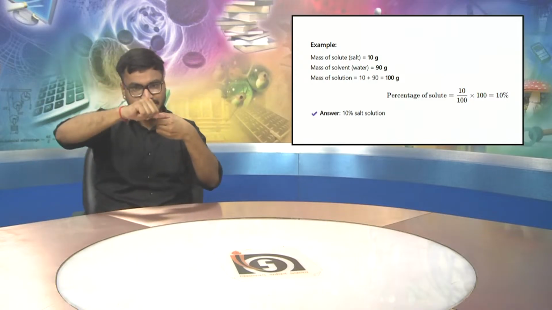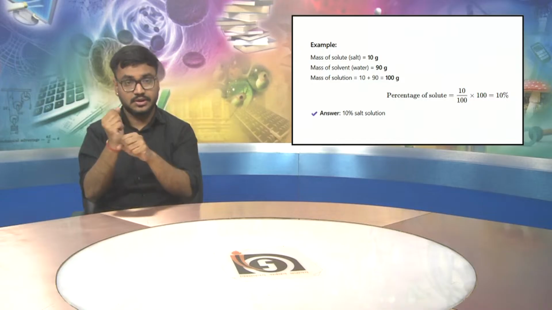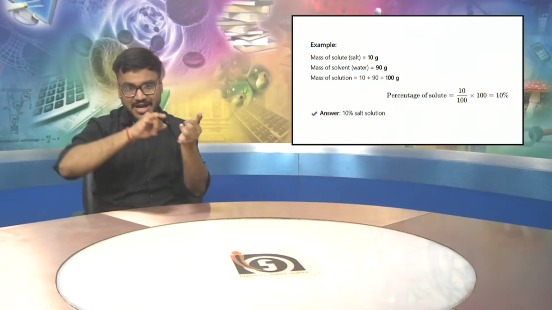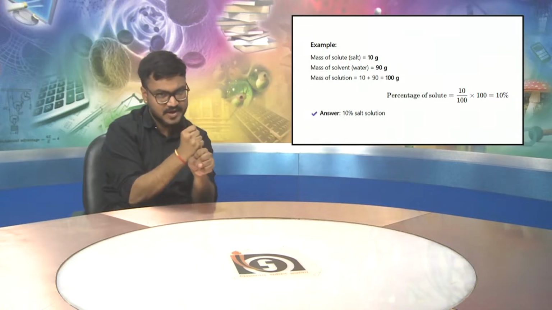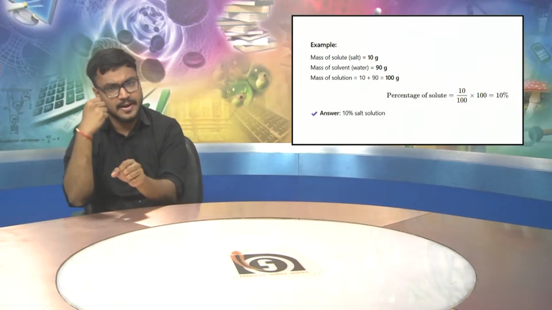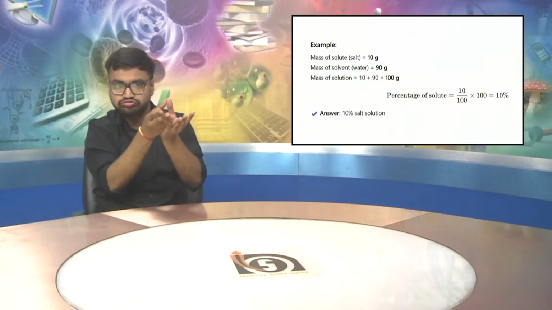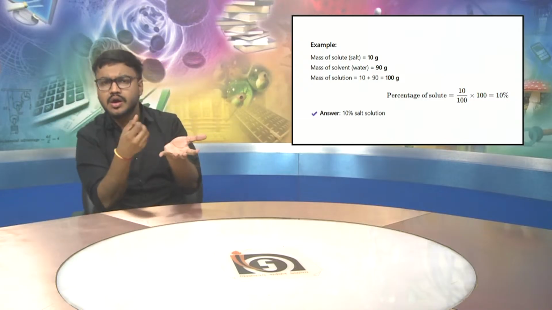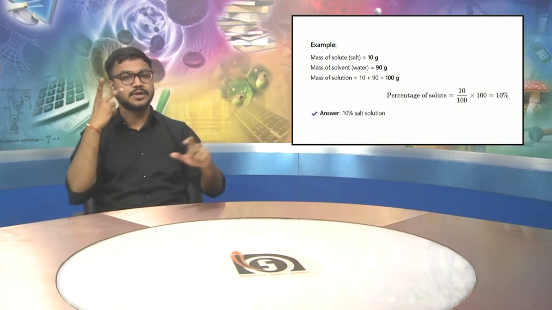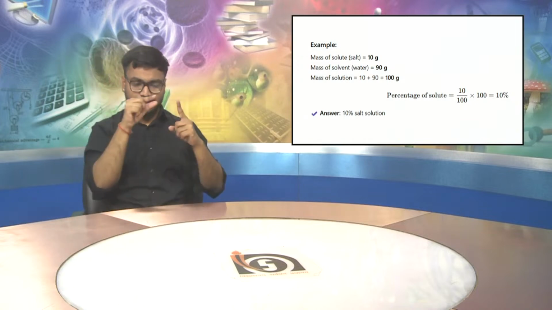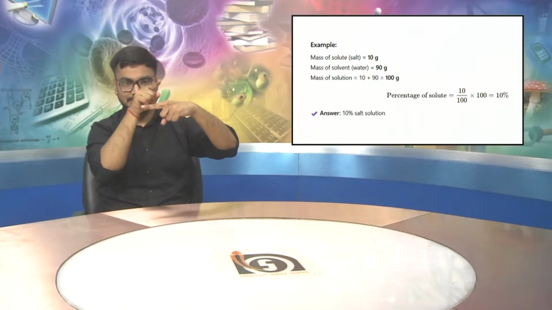Mass of solute, which is salt, is 10 gram and mass of solvent, which is water, is 90 gram. So mass of solution will become 10 plus 90 equals 100 gram. Now we put that 100 gram value in our formula. So we get the answer: 10% salt solution.